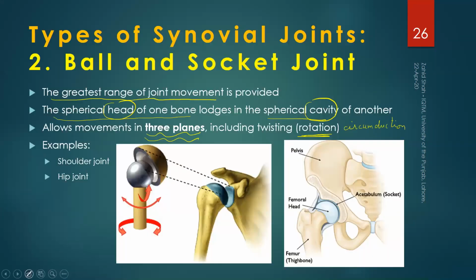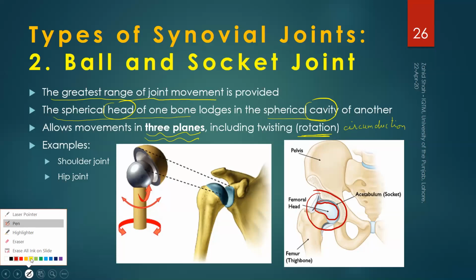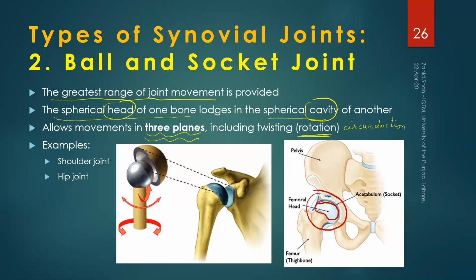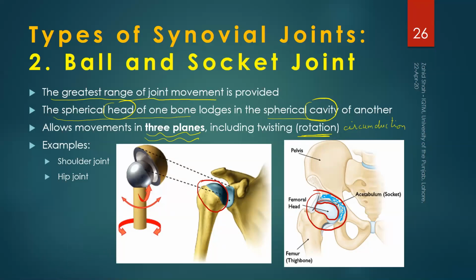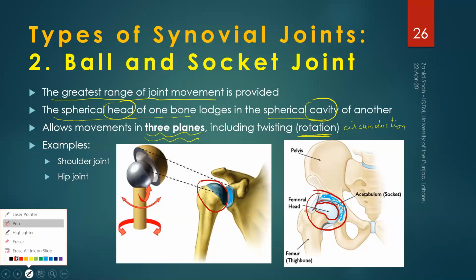So you can see here we have a joint that is formed between the head of the femur. So that is the ball. And there is a corresponding socket or cavity, this one, in which that ball fits. So that is ball and socket joint. Similarly, in the shoulder joint, the head of your humerus forms the ball, and then there is a corresponding cavity, the socket in which that ball fits. So that is ball and socket joint.